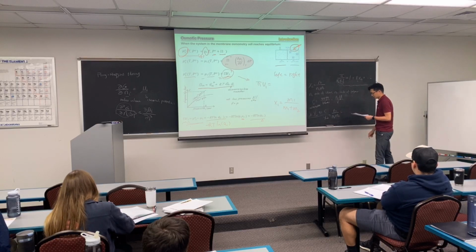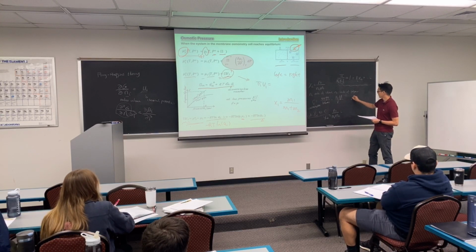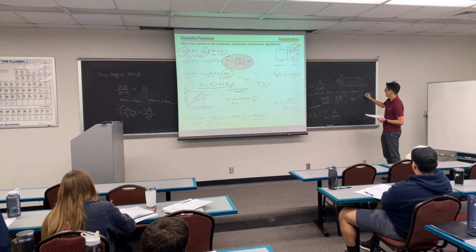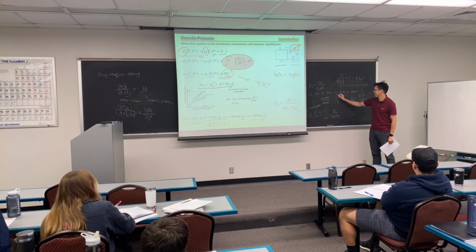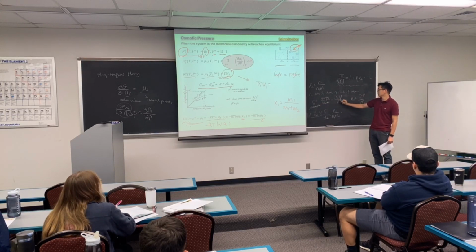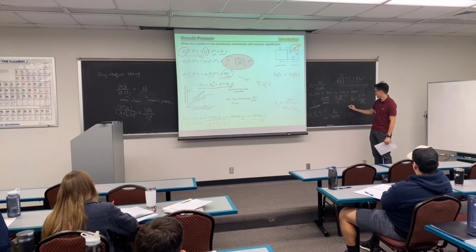We know N2, if you link the other way, N2 will be equal to C multiplied by volume divided by M. So let's put it in.